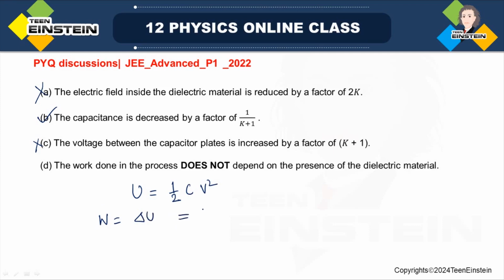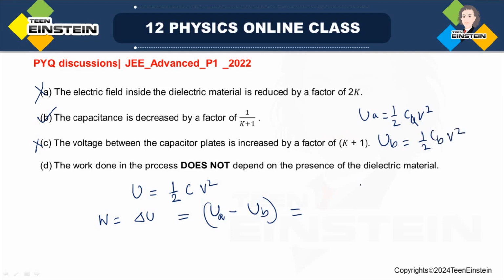So in this case I can write work done is equal to UA minus UB, the change in the potential energy. I can write UA as half CA V square, since the potential is constant, and in the second case it is half CB V square.